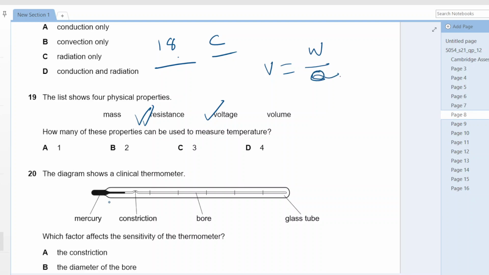Let Q equals to I T. Here I is the current, and current has connection with temperature. Therefore, voltage is linked with temperature.